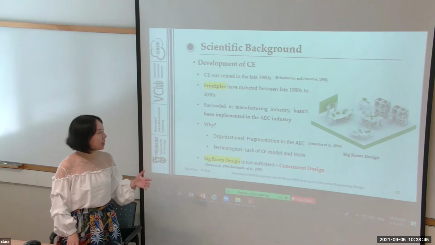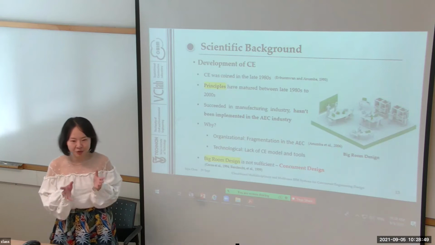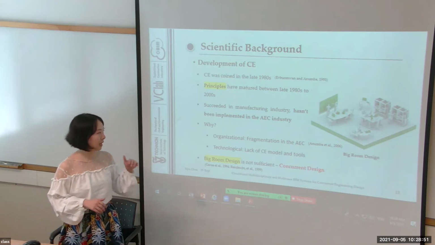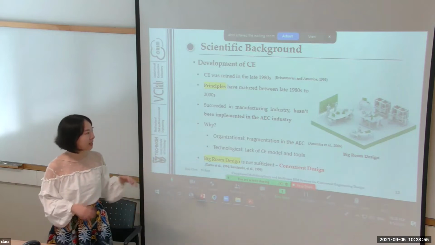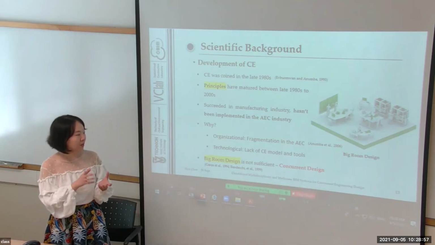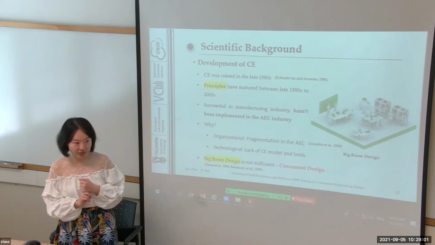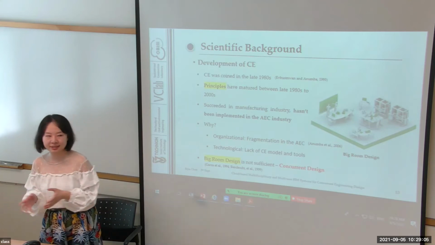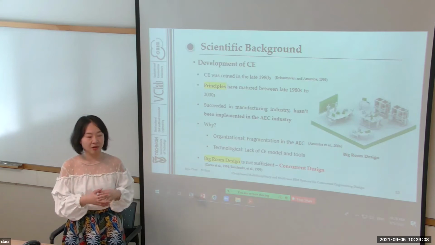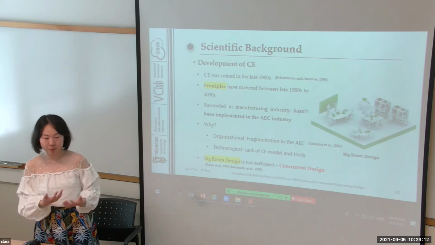But it hasn't been implemented in this industry. Why? There are two kinds of inhibitors. One is from the organizational aspect: the fragmentation in the AEC industry is the major problem, and it's related to people and policy, like contract forms and the way people get employed.